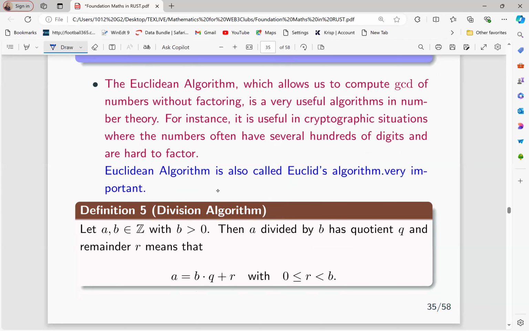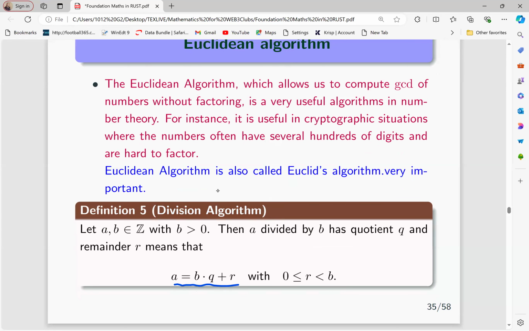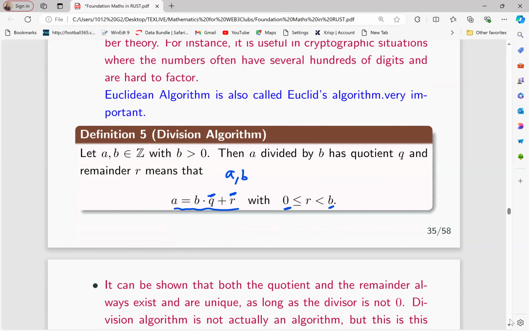So this equation says that if we have two numbers A and B, then B can go into A Q times, and the remainder will be R. Of course, R should be smaller than the divisor and should be bigger than or equal to 0. That's the division algorithm.